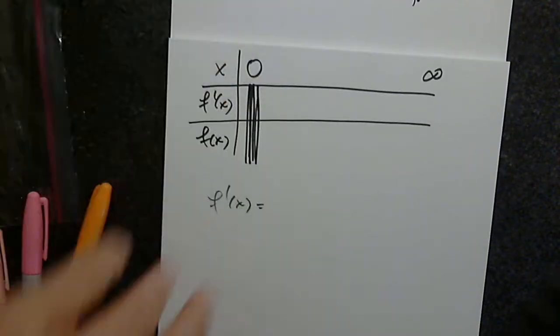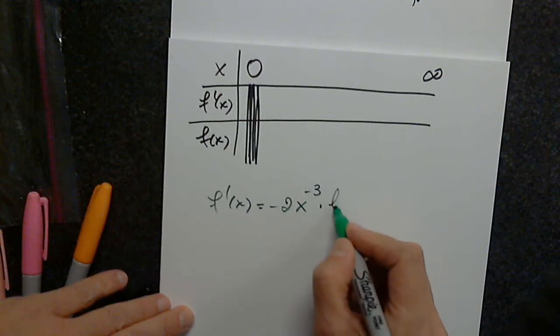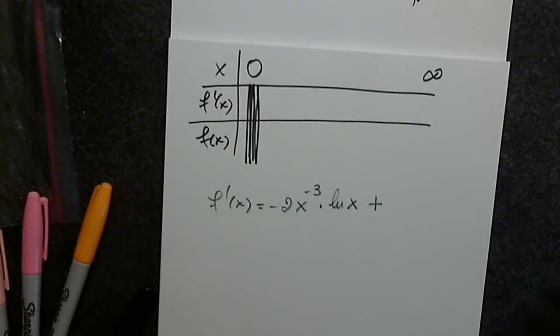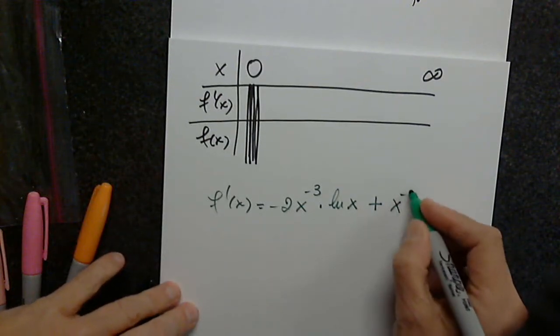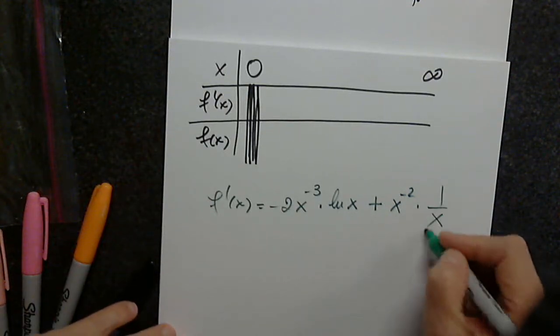So the first function's derivative is negative 2x to the negative 3 times natural log x, plus, remember when we apply the product rule, we get a sum of two products, x to the negative 2 times, that's it, 1 over x.